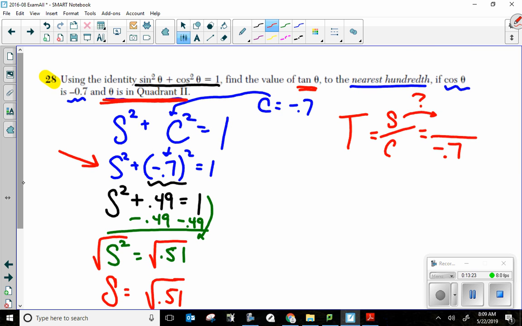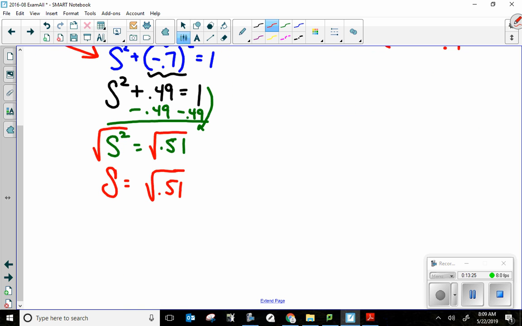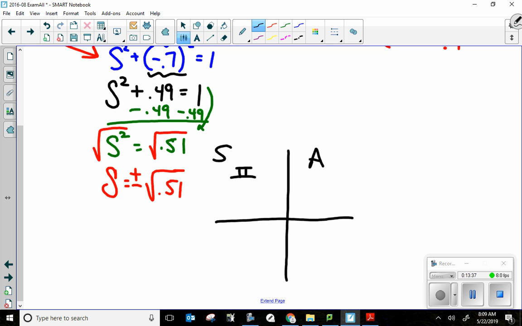Quadrant 2. Some of you might say, well, isn't that plus or minus? Because if I square them, I'll still get a positive. Yeah, but in quadrant 2, here's quadrant 2. All students take calculus. All students take cookies. What these letters represent are which trig functions are positive.